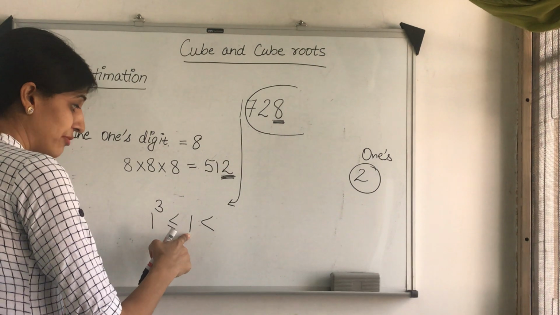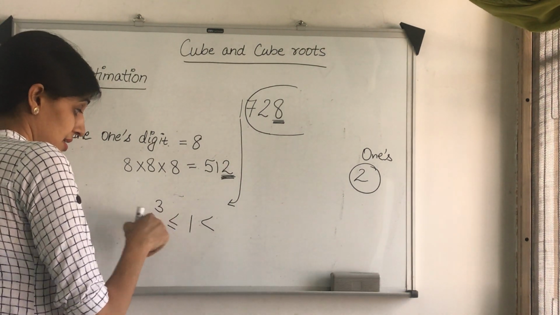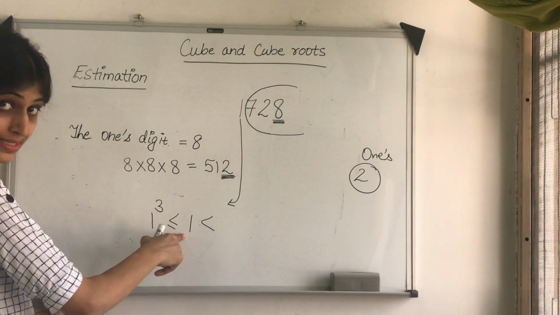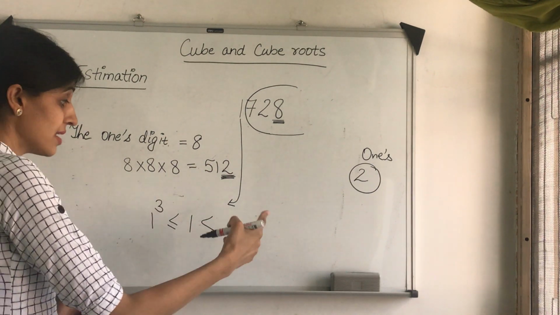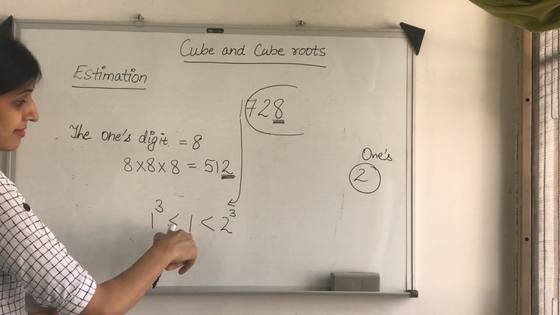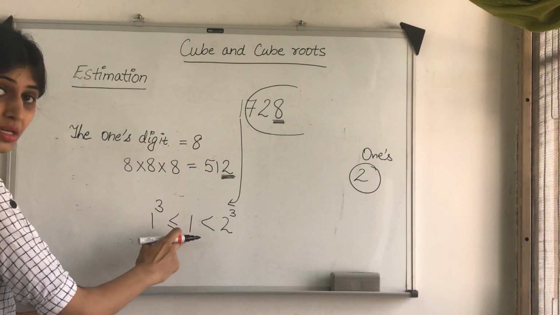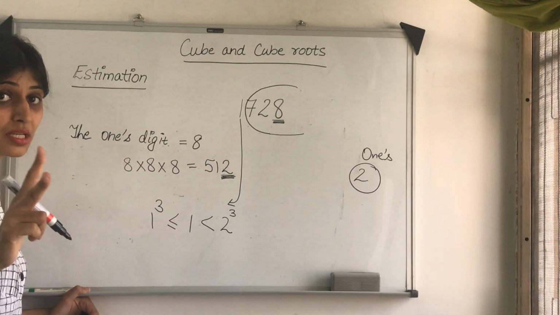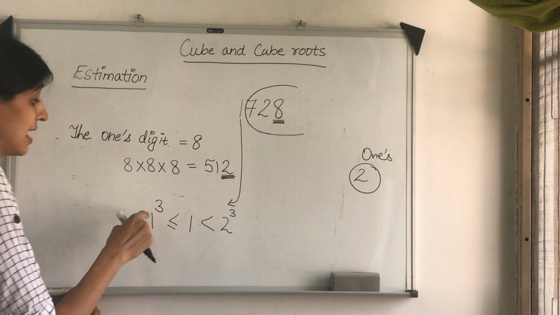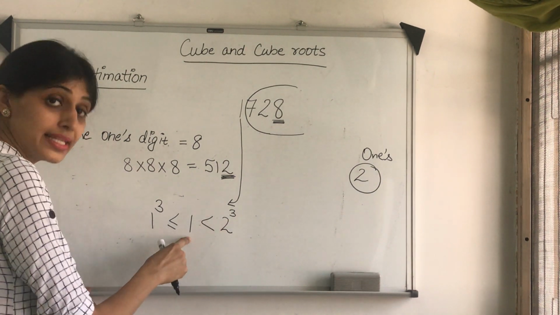You have to find a number whose cube is less than or equal to this number, and then another number whose cube is greater than this number.